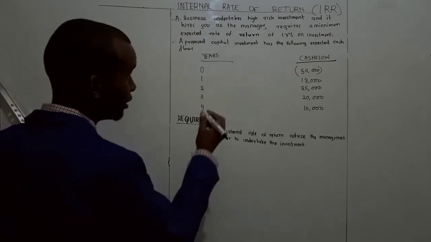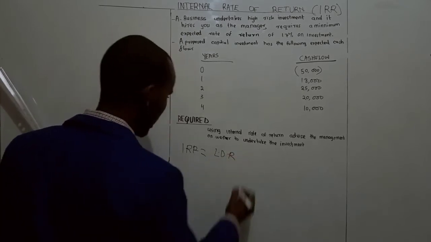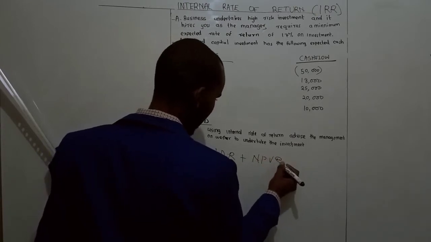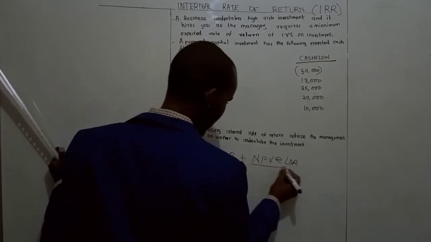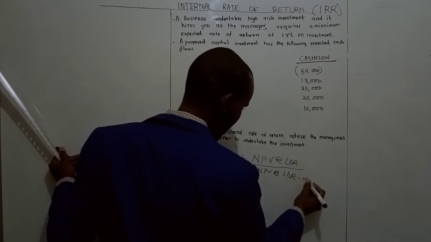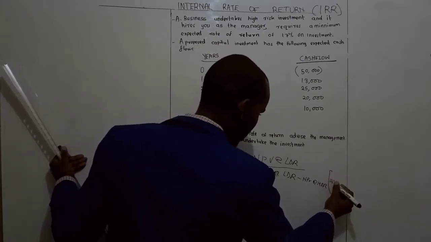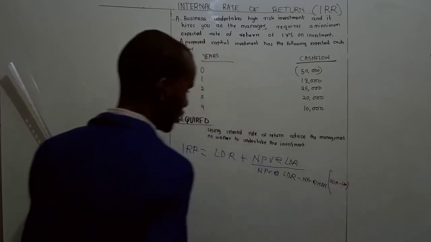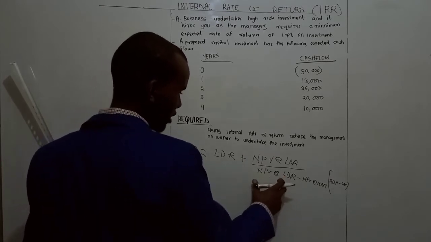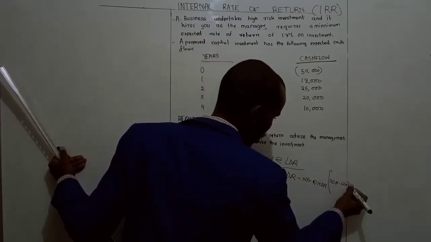Remember that IRR is equal to the lower discounting rate, LDR, plus the NPV at the lower discounting rate, divided by the NPV at the lower discounting rate minus the NPV at the higher discounting rate, then multiplied by the higher discounting rate minus the lower discounting rate.